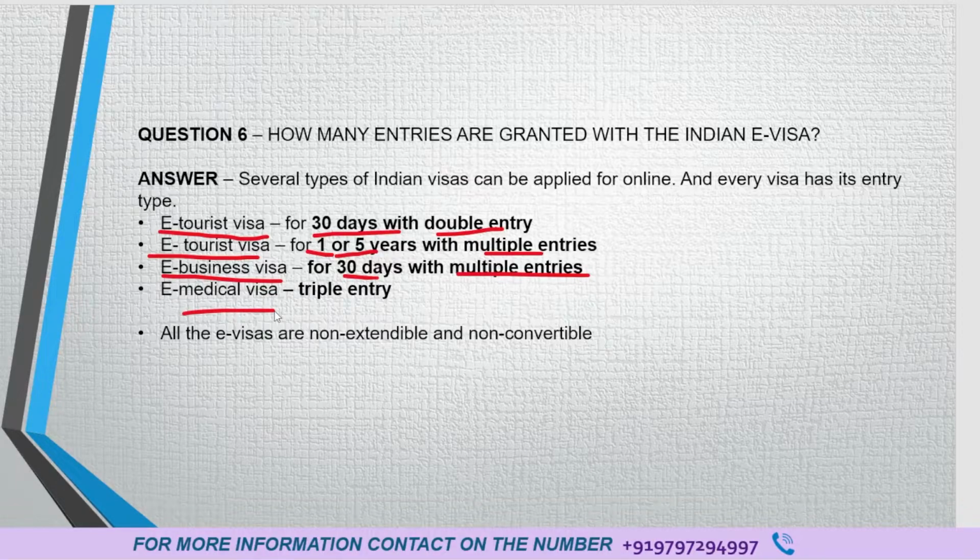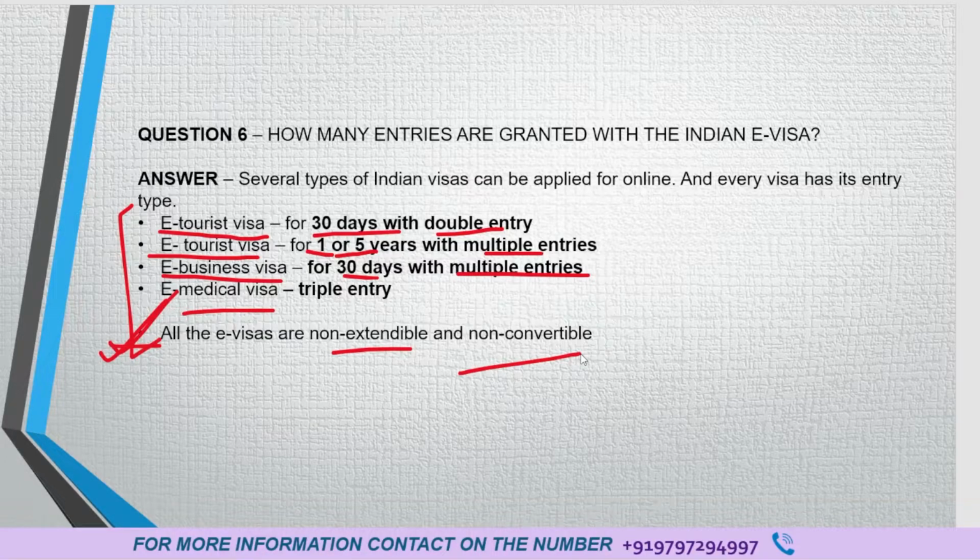Similarly, there is an e-tourist visa also for 1 or 5 years. For this there are multiple entries. Like for a year you can enter and exit India multiple times. A business visa will grant you 30 days stay but with multiple entries.